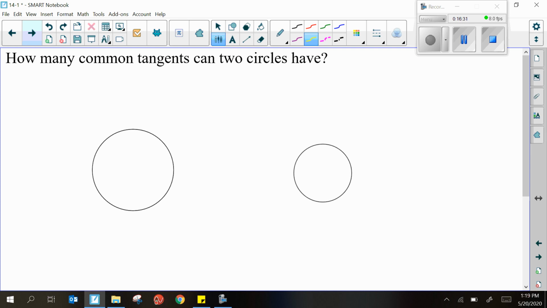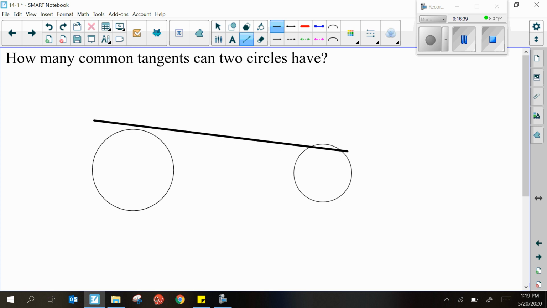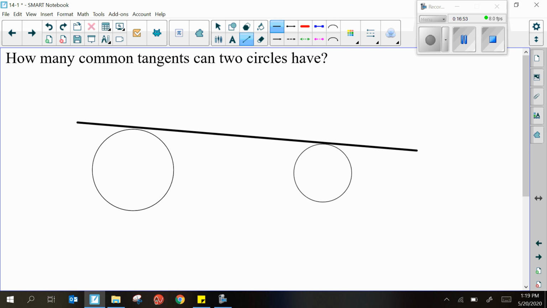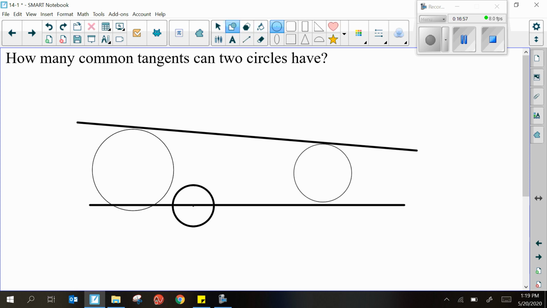And then how many common tangents do two circles have? It's just kind of a neat thought to think about. In other words, how many different ways can I take a segment and make it so it's tangent to two circles? So play around with this, but you should come up with 4 ways. So here's one. Another one would be going like this.